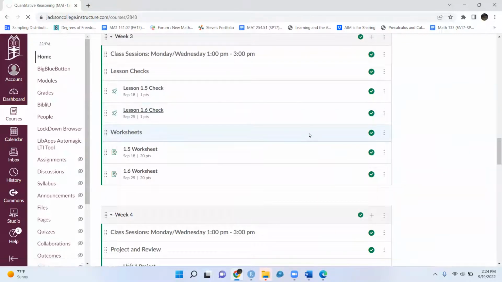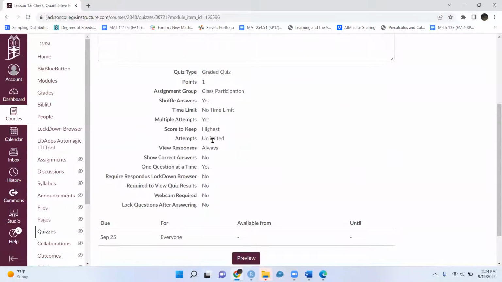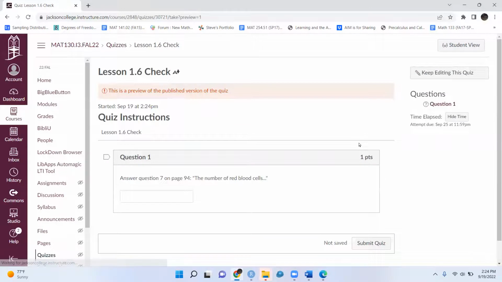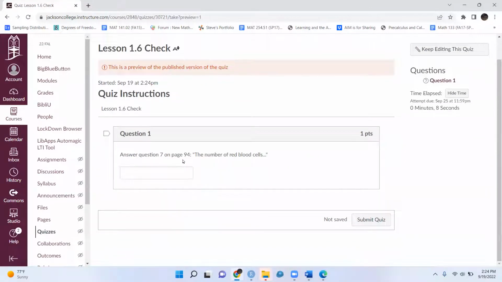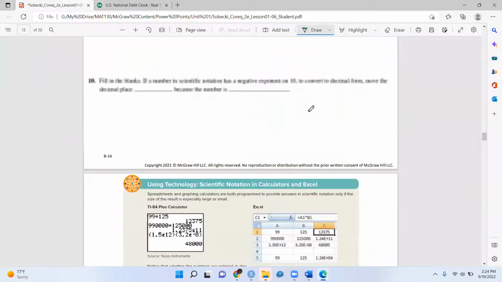So 1.6 lesson check. Unlimited, highest, wonderful. We're going to do the preview. It says answer question 7 on page 94, the number of red blood cells. So that's this one that we did back here.